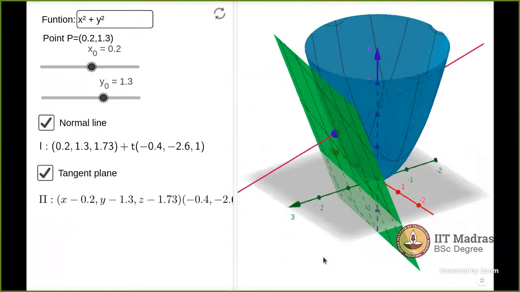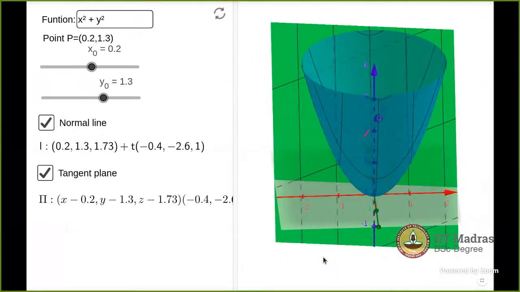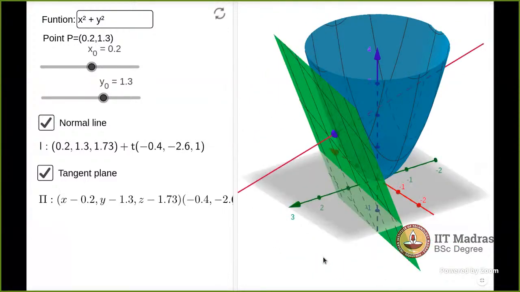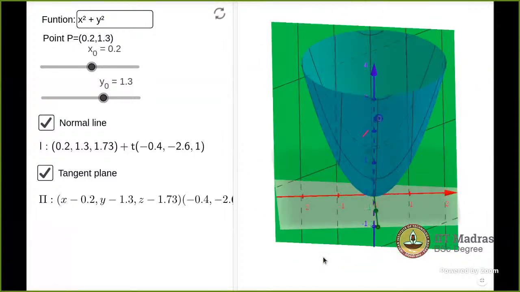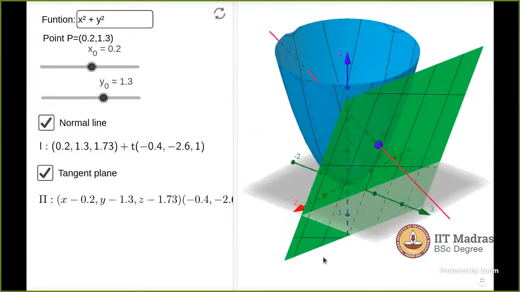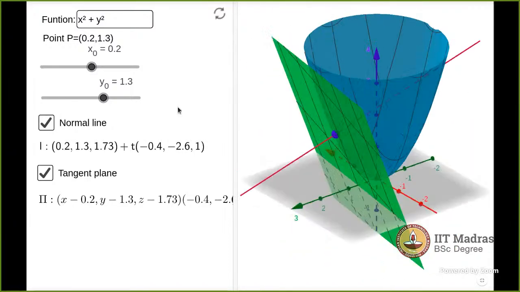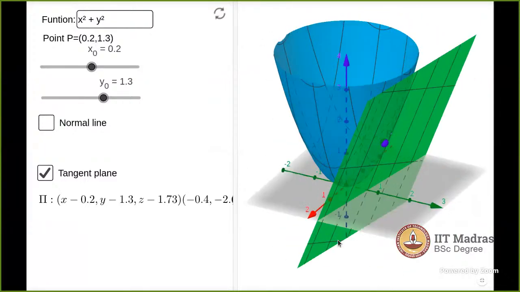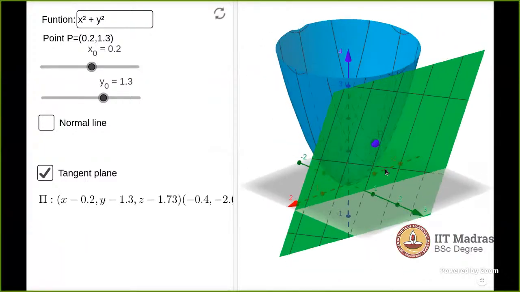Could you please show a visualization where the tangent lines are varying over the tangent plane? Here itself, what you are seeing. Over this point, if we draw any line which is on this plane and passing through that point, all these lines will be tangent lines, right?